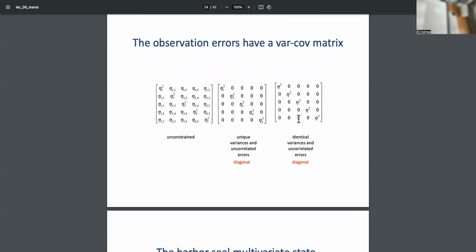These are the typical ones that you would assume. Hopefully you can convince yourself that this is a reasonable assumption that the observation errors are uncorrelated. In this case, we are taking averages of lots of different sampling locations, and these sampling locations are separated.